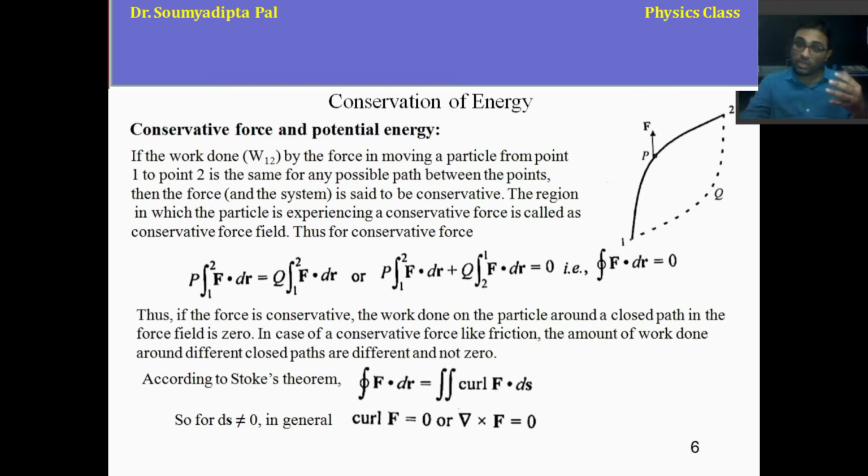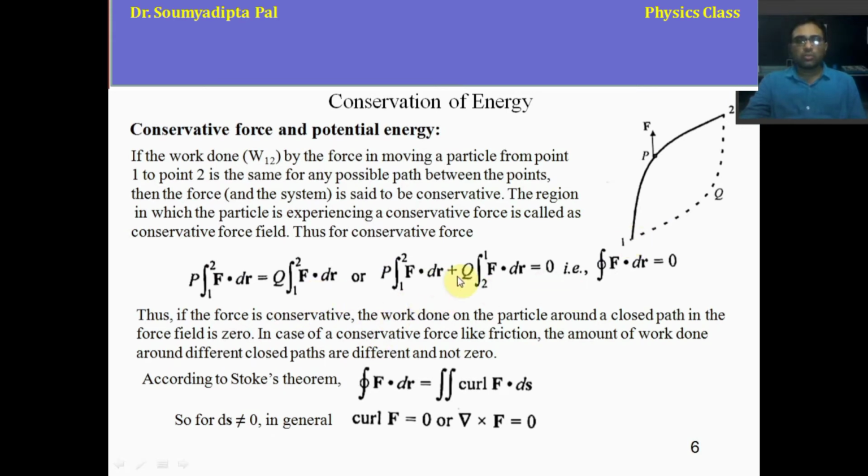And when will this happen? When the applied force is conservative in nature. Please remember that. So you can write it like this: this represents the work done along the P path, and this is the work done along the Q path.